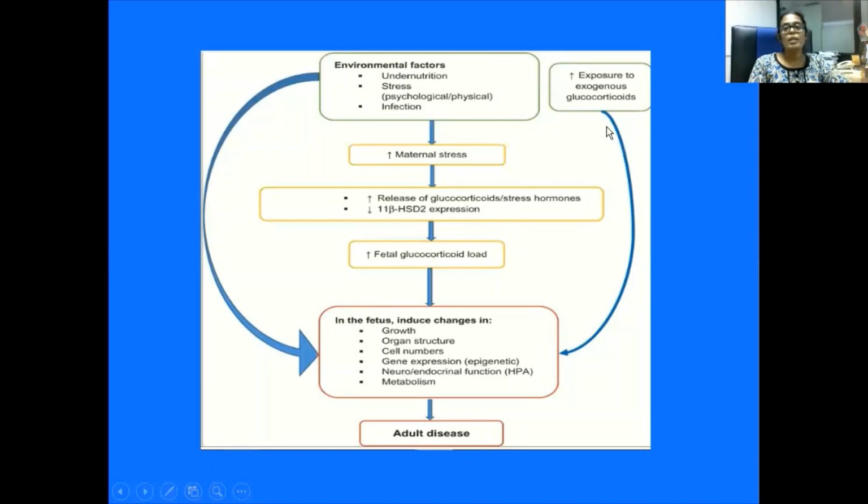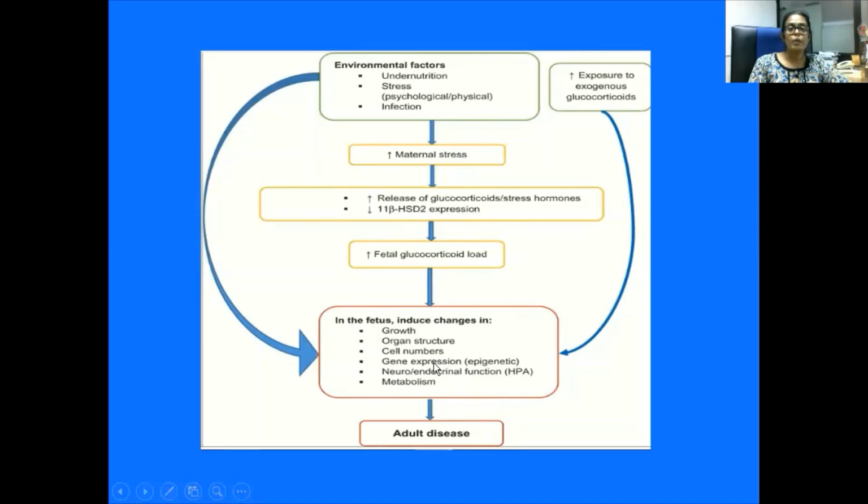Similarly, exogenous glucocorticoids can also play a role, and all these things increase the baby's stress and the baby's glucocorticoid level. Some people say this is the cause for all the changes which occur in the fetus: growth, organ structure, cell number, gene expression.